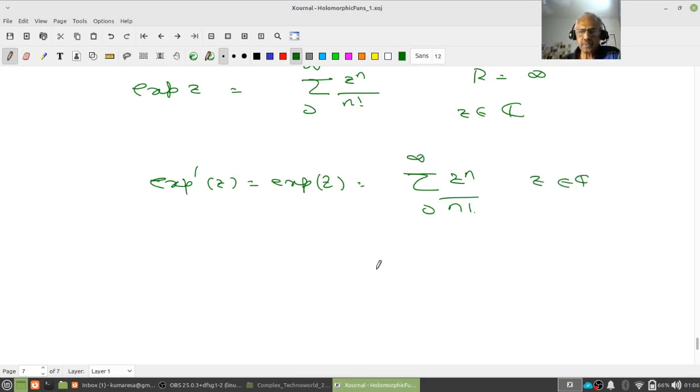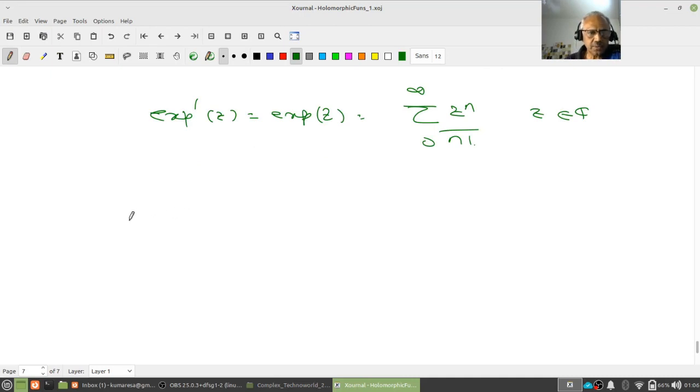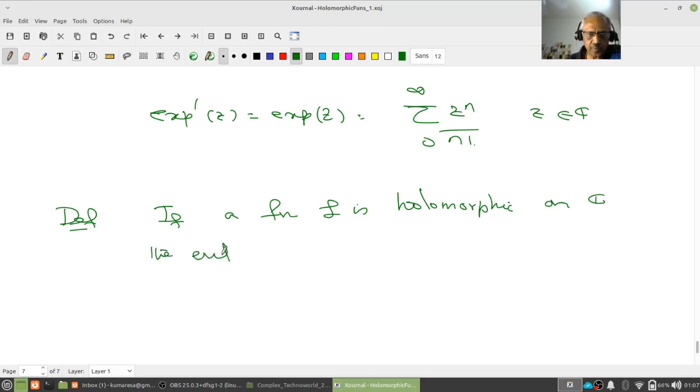Right? Okay. Now this is a definition. If a function f is holomorphic on C, the entire complex plane, I am using the word entire complex plane so that I can say that, then f is called an entire function.